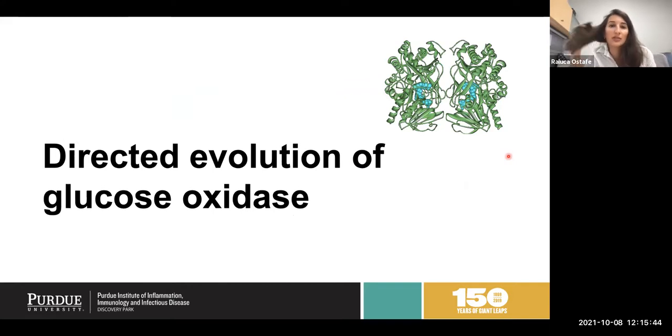The direct evolution of glucose oxidase was a project that I was doing not at Purdue, but at my previous work, but it has already been published. However, the methods are exactly the same as what we are doing in the current project with industry. So I'm going to use this as an example for giving you a better understanding of how we work and what we actually do during one of these research projects.